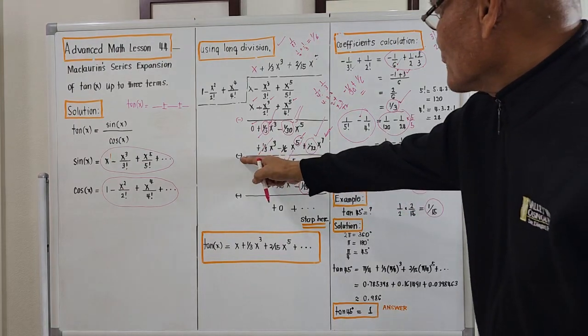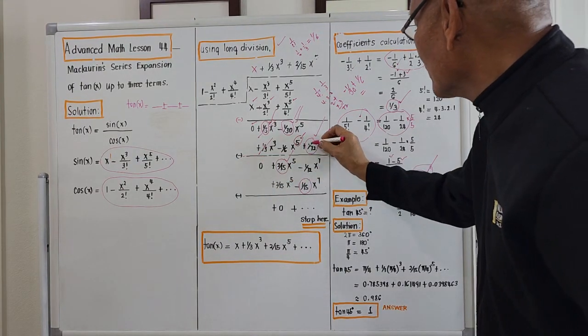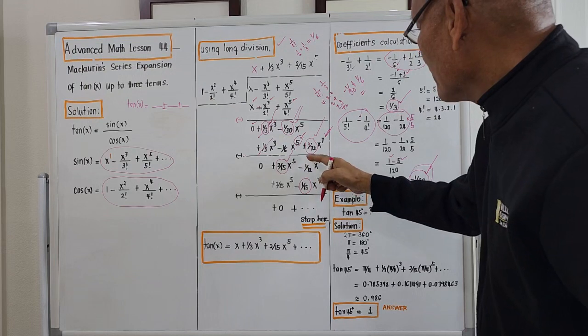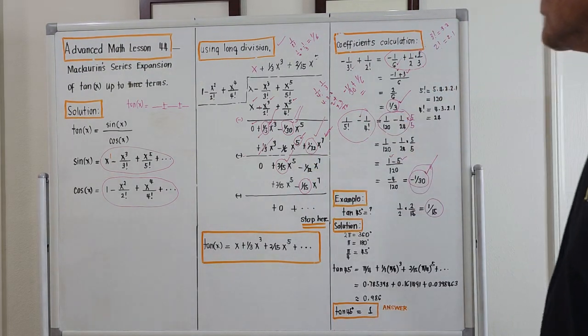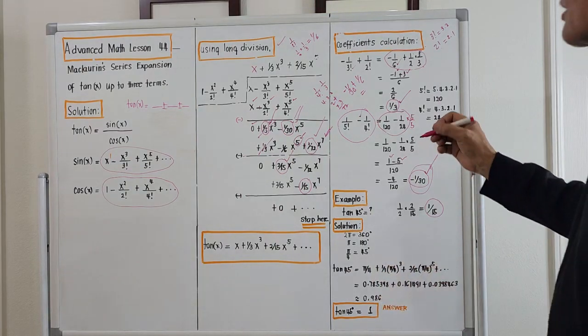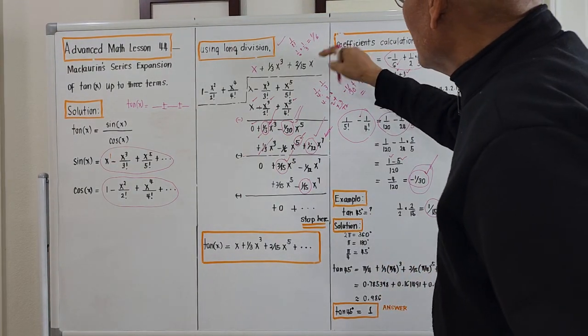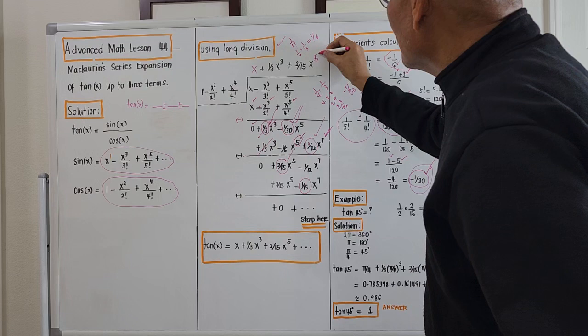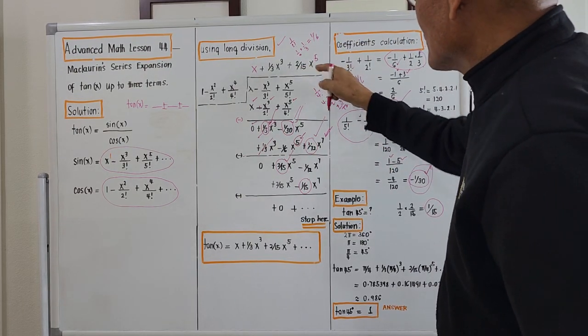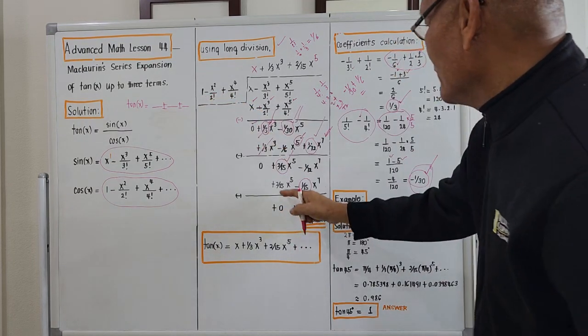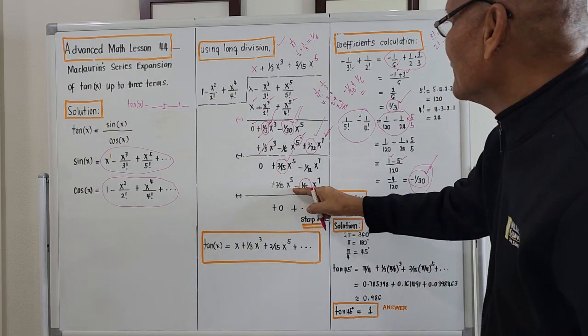The operation is subtraction, right? So we will bring down this one. This will become minus 1 over 72 times x to the 7. And the next answer will be 2 over 15 x to the 5th. 2 over 15 x to the 5th times 1 will be 2 over 15 x to the 5th.